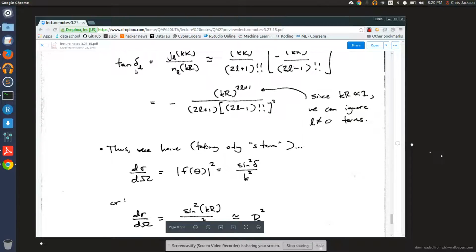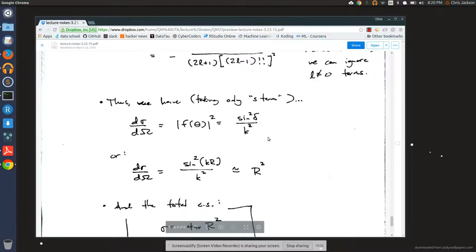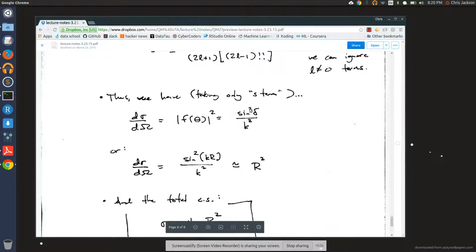So finally we can take our expression for our phase shift and just look at the S-wave scattering and compute the cross-section. The differential cross-section is our f of theta squared. In general, it's this, with L equals 0. Now I can plug in for the S-wave scattering phase shift delta, which we found was minus KR.